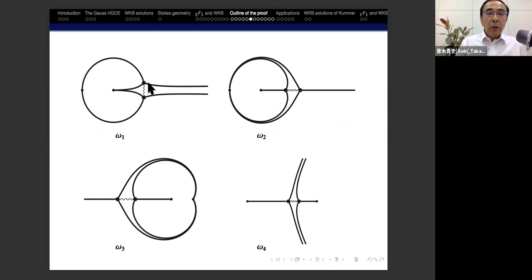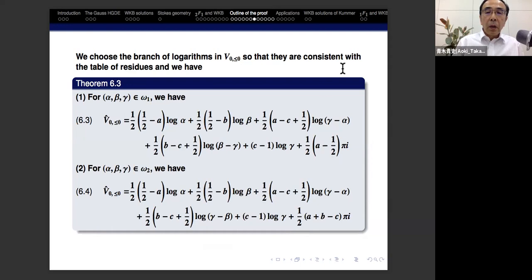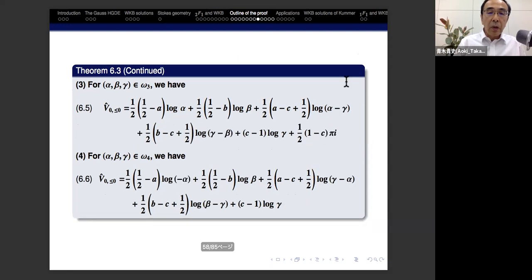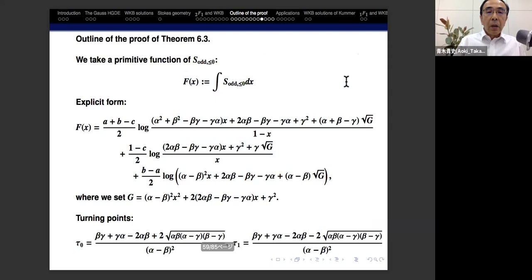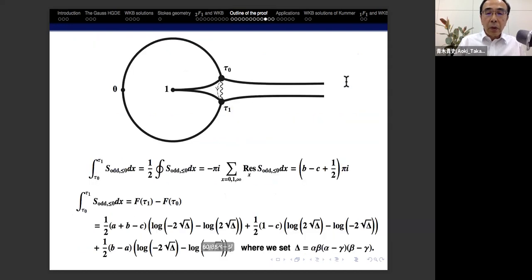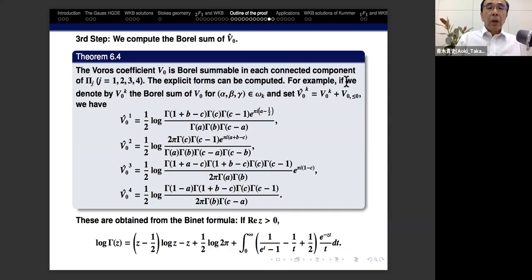For example, if the parameters are contained in omega 1, we take this branch cut and so on. And the additional terms can be computed explicitly in these forms. And we skip the proof.